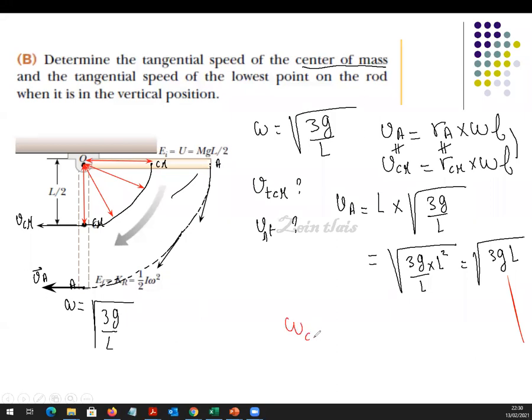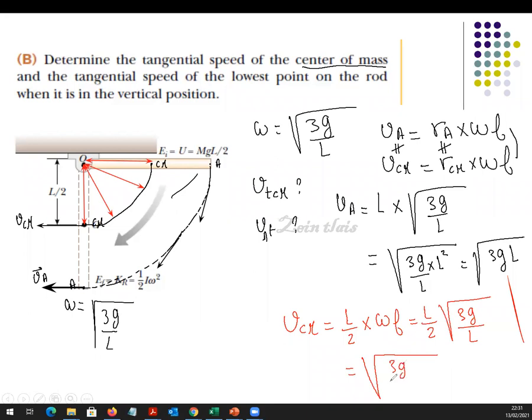So V of the center of mass equals L over 2 times omega final, which is equal to L over 2 radical 3G divided by L. We can put inside L squared divided by 4, and we get radical 3GL divided by 4.